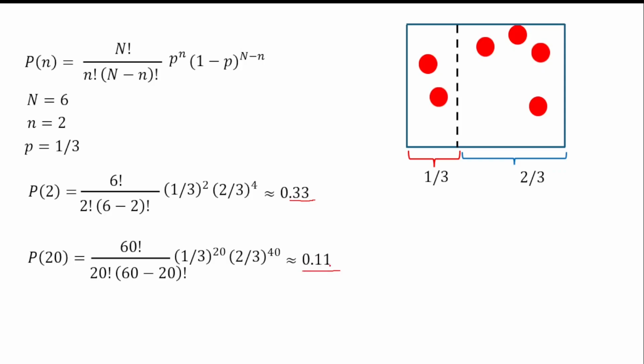So that means when the number of particles is increasing in this distribution, it is not always necessary that 1/3 of the particles be in the left 1/3 of the box.